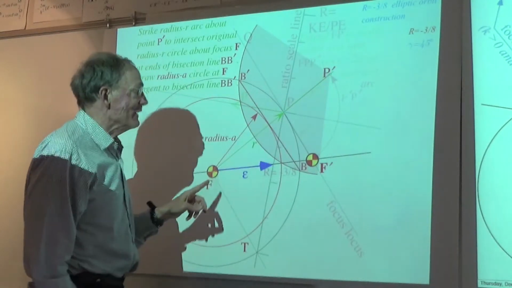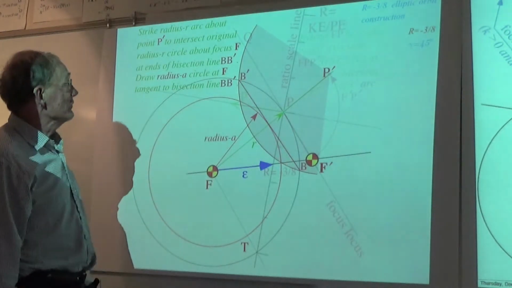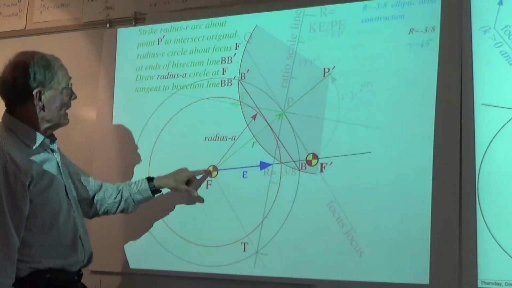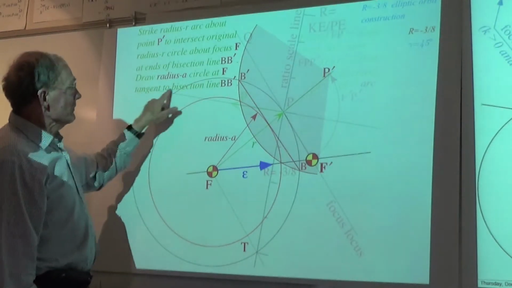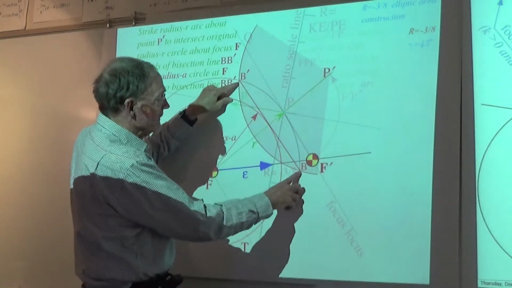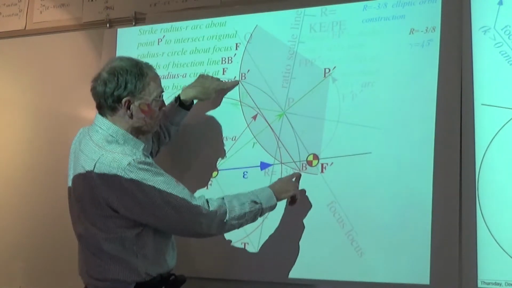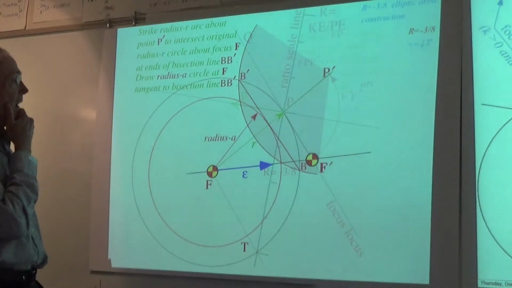And once I've done that, I can draw something that actually has radius A around the main focus. Okay, and it's tangent to a bisection line, which is what we did right there. So this is a bisection problem.